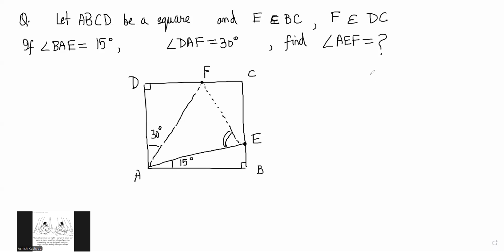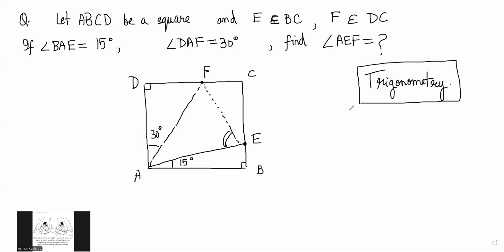There are two ways to do it. One is trigonometry, which is brute force. The other method is geometry. Since we have learned trigonometry, if you cannot figure out a geometric solution, you should be getting it by trigonometry.